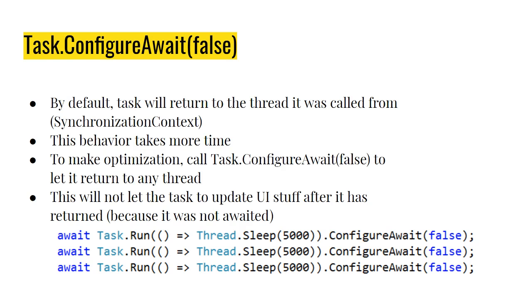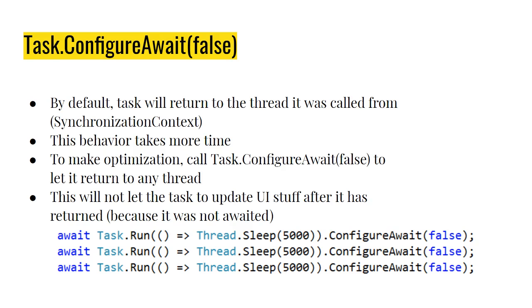ConfigureAwait false. Let's consider this situation. We are in a Windows application, let's say some desktop application. Desktop applications have a thing called the UI thread. When you run the application, by default, it runs on the UI thread. So the synchronization context is the UI thread.